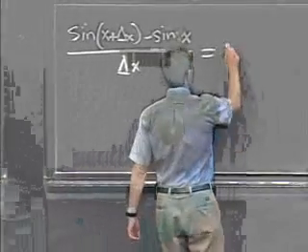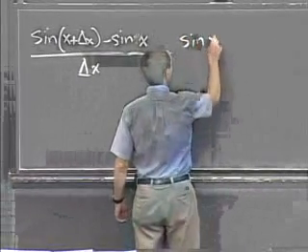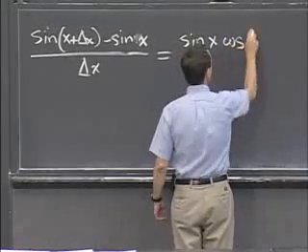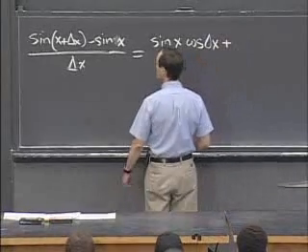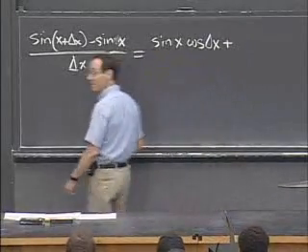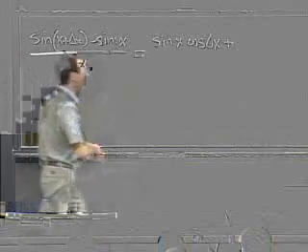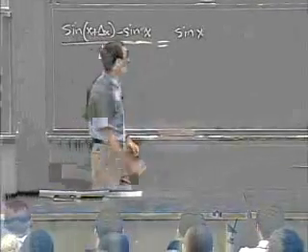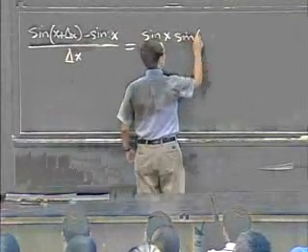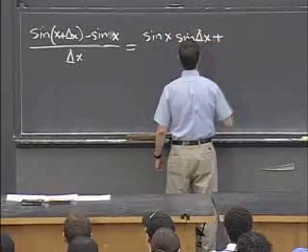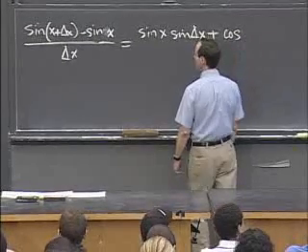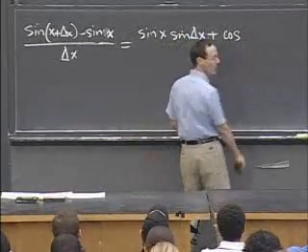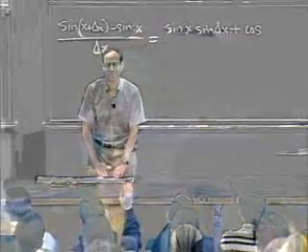So that's this. That's sine x cosine delta x plus... oh, that's not what it is, huh? Okay. So what is it? Sine x sine delta x. Okay, good, you remember. Plus cosine. No? Oh, okay. So which is it?